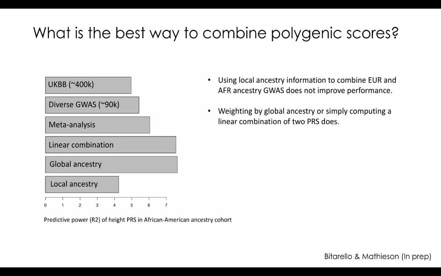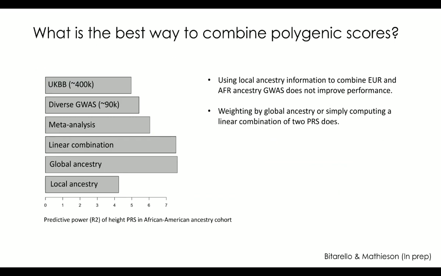What does do well is combining them weighted by the global ancestry of each individual. Or similarly, just constructing a linear combination that we train weights for in another cohort. So again, that suggests that what's important here is not local ancestry, but really global ancestry. Again, that's kind of surprising.